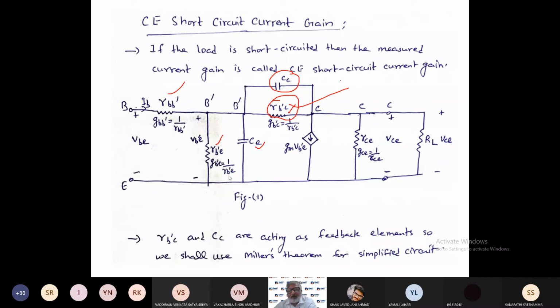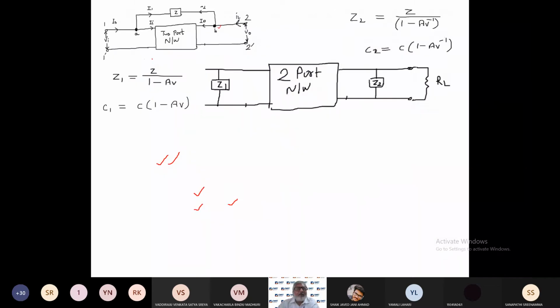And in Miller theorem, we will use this formula. According to this formula, I will connect here this resistance, right? And its value is RB'C by 1 minus voltage gain, right?